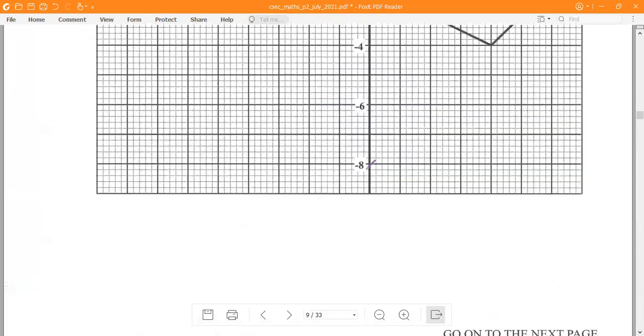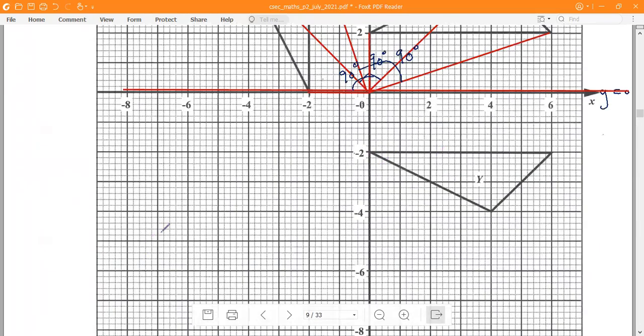So we will take each vertex of the triangle and translate it. Let's use this vertex here: we move 1, 2, 3, 4, 5, 6, 7 and 1 up. Also here, 7 and 1 up. And for this vertex, 7 and 1 up.